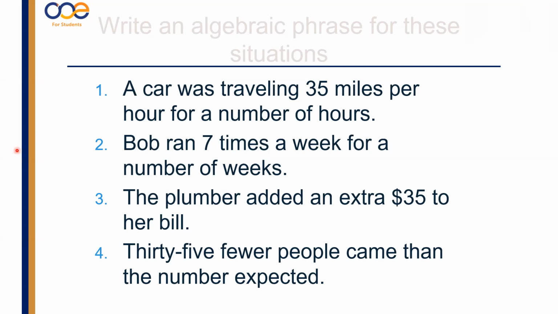I'm having a problem with number 1. What is the problem? Sir, I'm not sure if it's because it says per hour, if it's supposed to multiply by 60, or you're supposed to just put the 35 and the variable. Yes, so that's actually a good question.